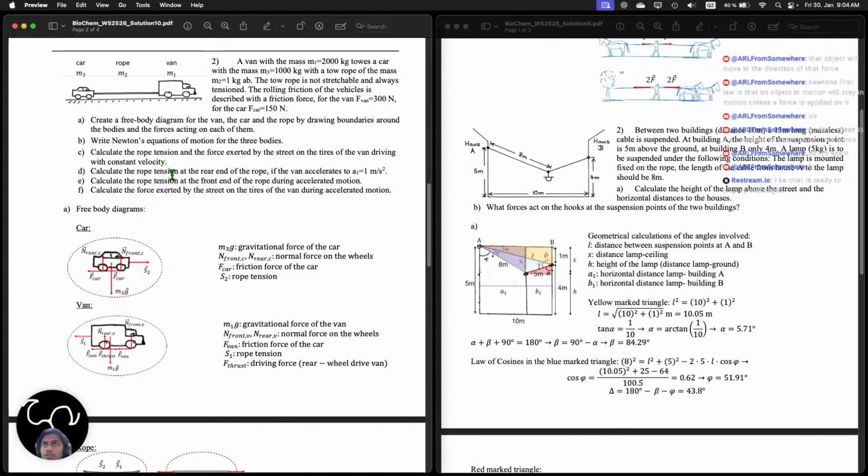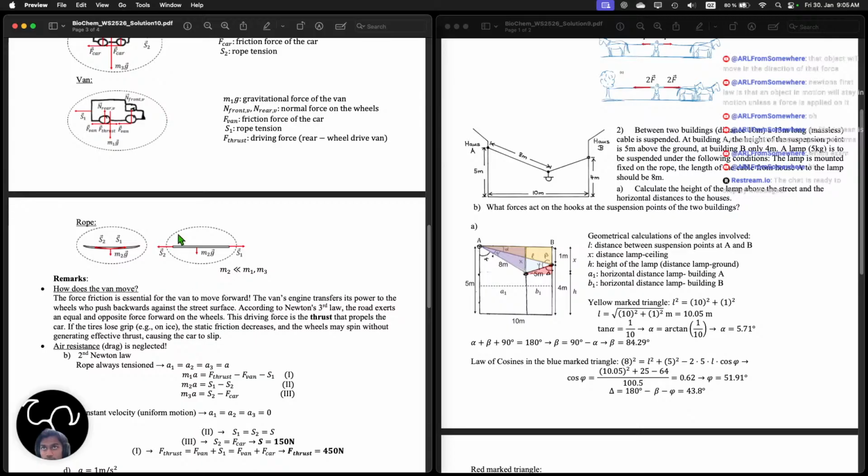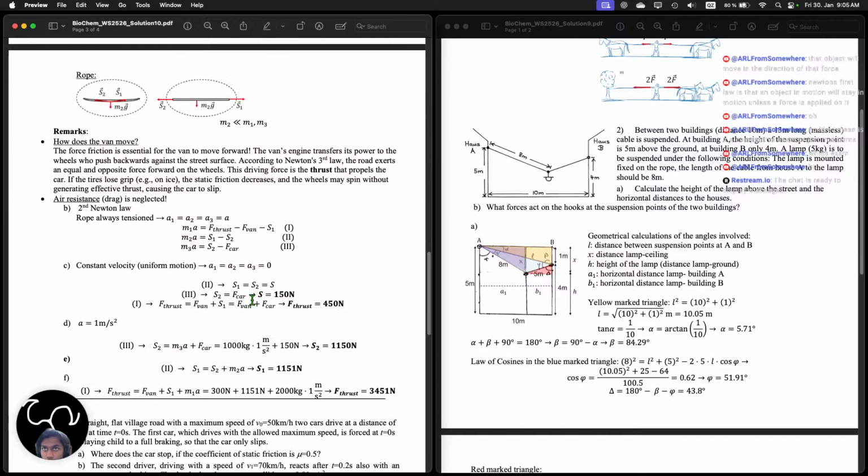Calculate the rope tension at the rear end of the rope if the van accelerates. So the rear end would be S2, right? S2 equals M3A minus or plus F car. 1000 times A. Okay, okay.